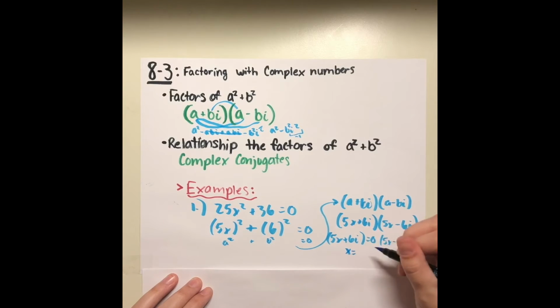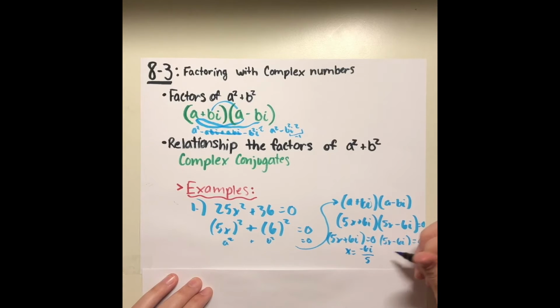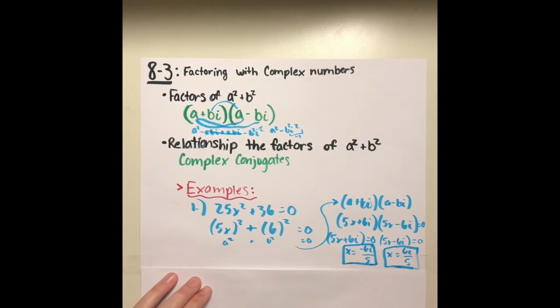So x equals negative 6i over 5, and x over here equals 6i over 5. So that's how you solve for x using complex conjugates.